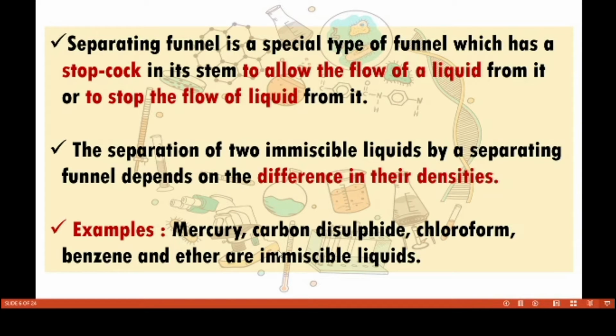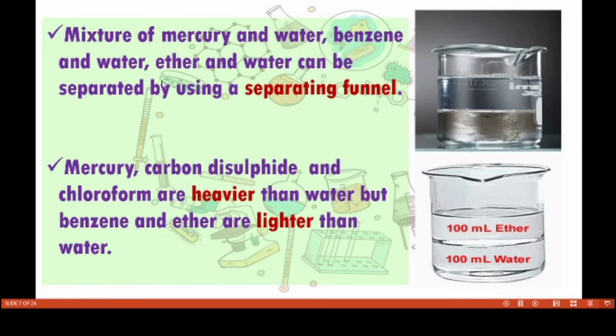For example, mercury, carbon disulfide, chloroform, benzene and ether are immiscible liquids. They all have different densities. So, using a separating funnel, we can separate those liquids. A mixture of mercury and water, a mixture of benzene and water, a mixture of ether and water can be separated by using a separating funnel.